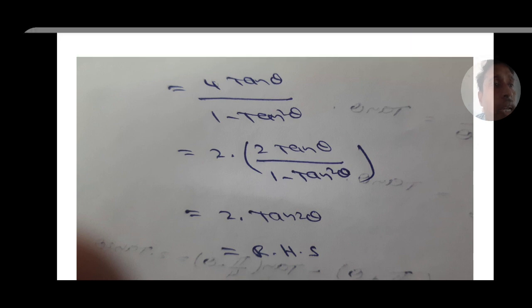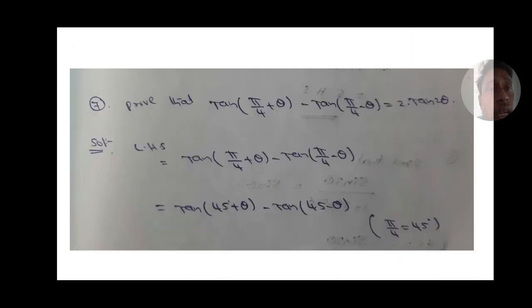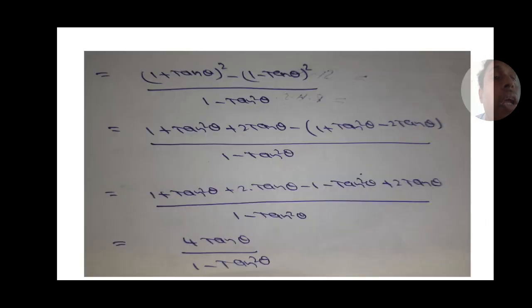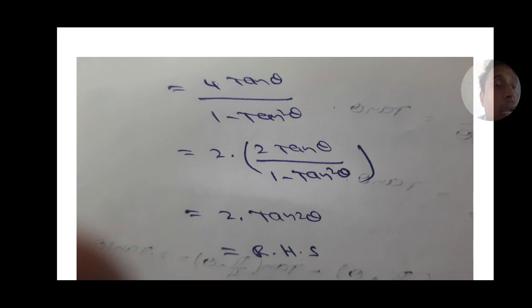First, pi by 4 means 45, so tan of 45 plus theta and tan of 45 minus theta. We used the tan of a plus b and tan of a minus b formulas, substituted the tan 45 value as 1, took the LCM and simplified, and with the tan 2 theta formula, we get the answer.